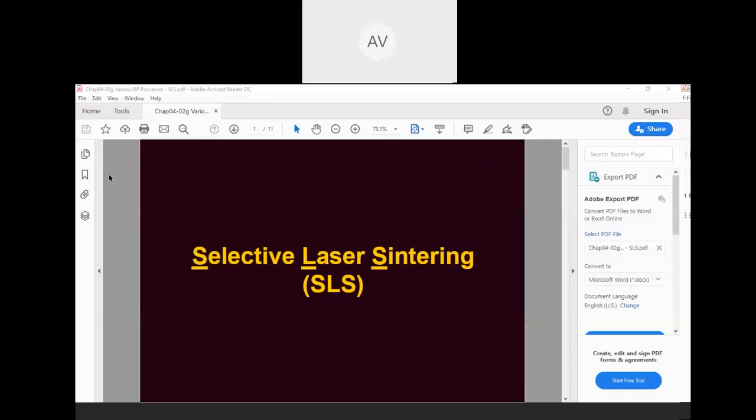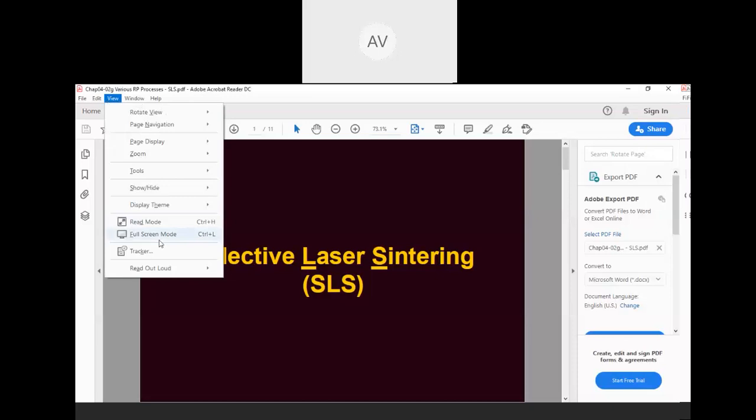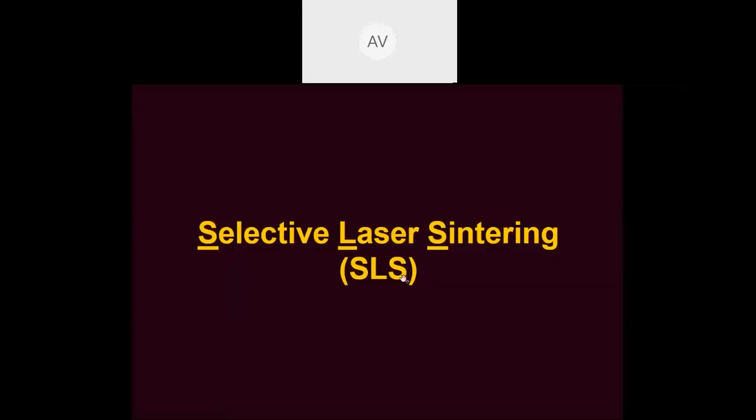The next process is selective laser sintering. From the name itself, you can understand that here we will use a laser to solidify the material.